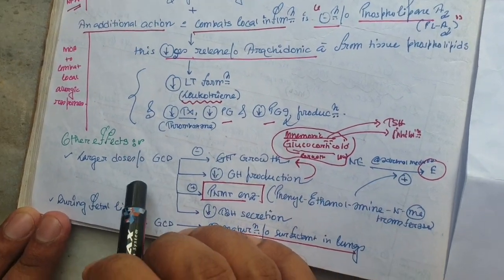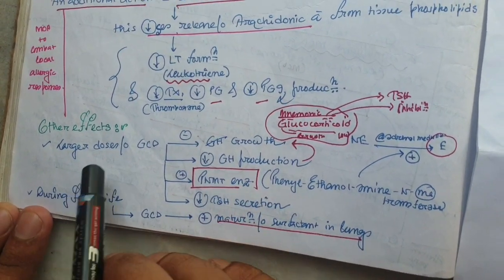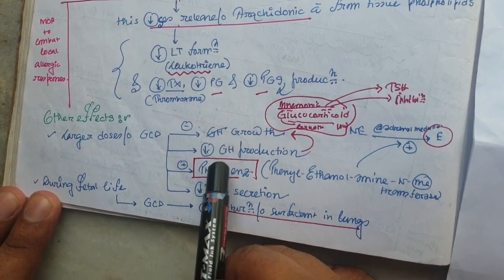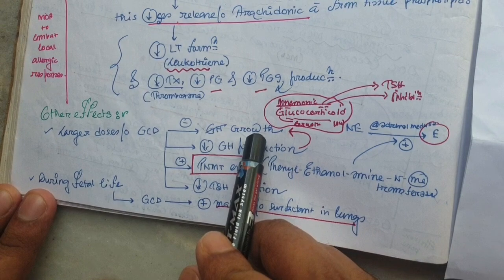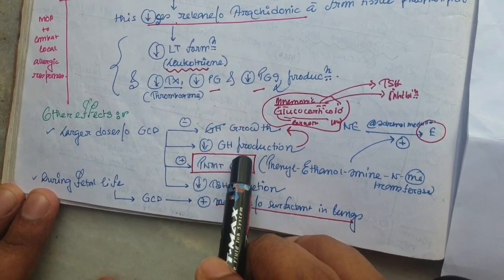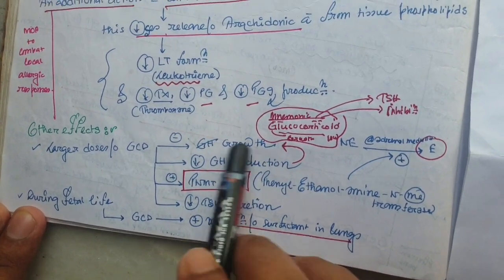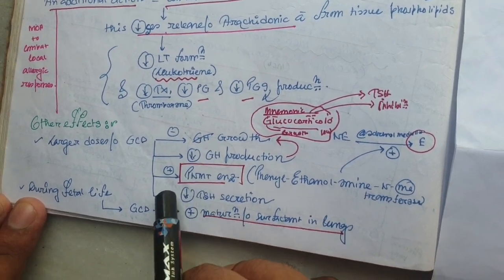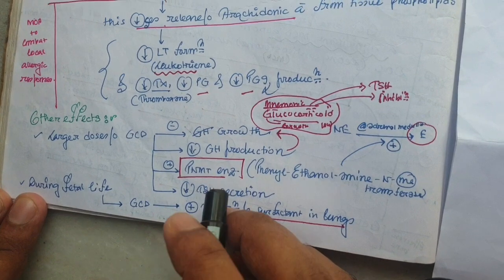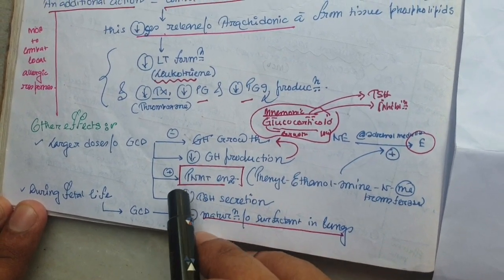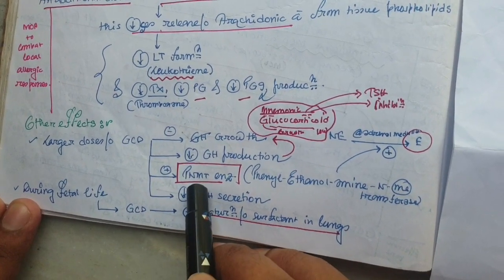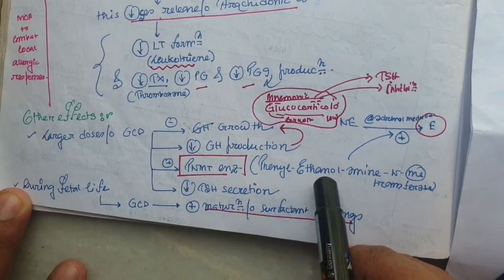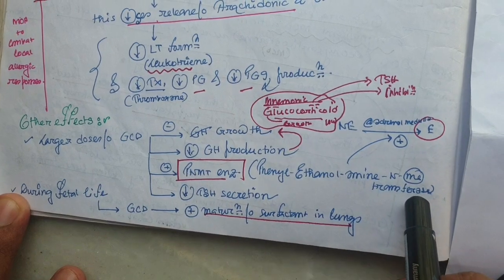Some other effects of glucocorticoids in this context are, if we give a larger dose of glucocorticoids, they also inhibit growth hormone production. Simply, this is how they inhibit the growth of different tissues and the body structure. They also stimulate the enzyme PNMT, phenylethanolamine N-methyltransferase.